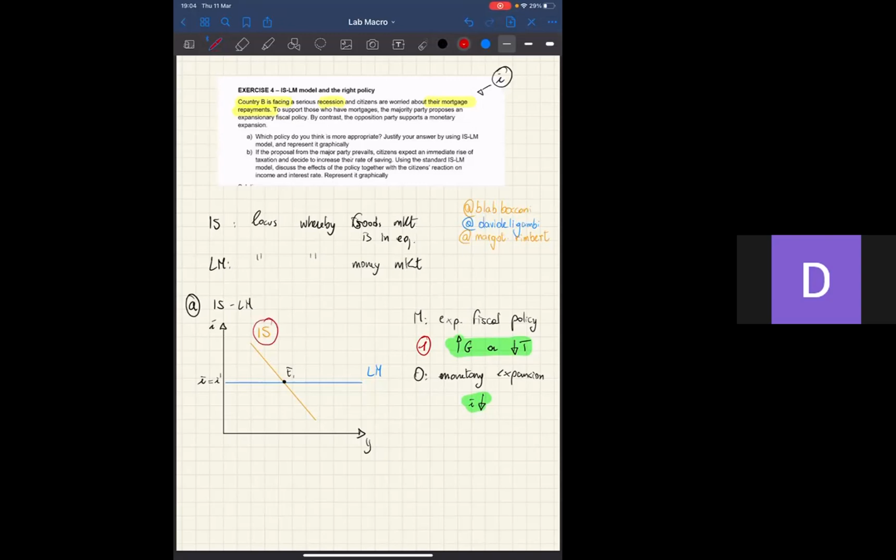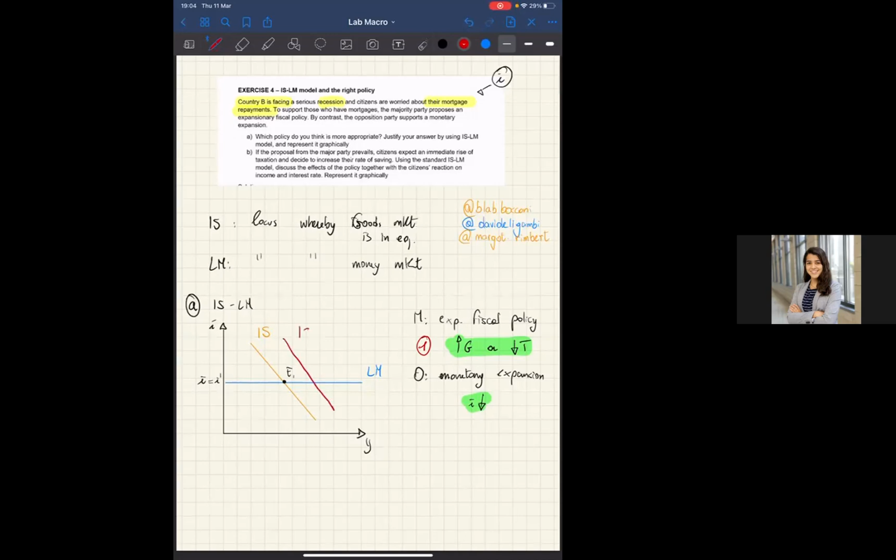Why is that? Because it's the locus of all points whereby the goods market is in equilibrium. So obviously, the goods market is connected to Y as spending, and also as taxes and consumption. So all things related directly to goods. Therefore, the IS would be shifting towards the right.